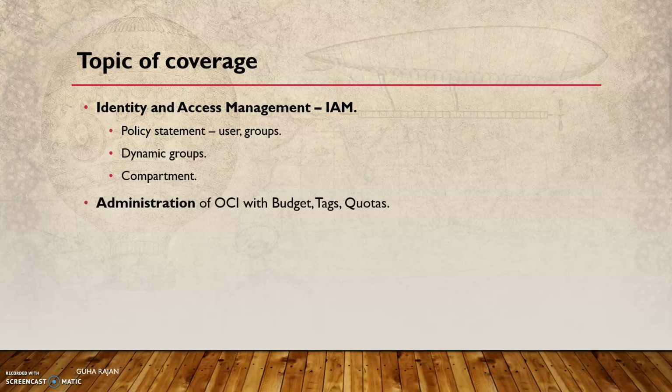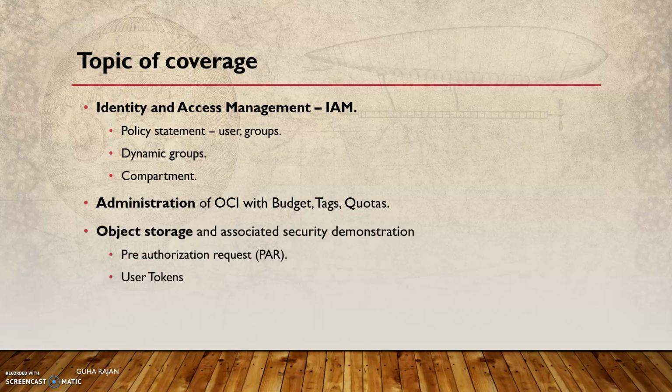And then we'll be getting into some of the administration part of OCI, that is budgets, tags and quotas. You can set a budget on the compartment so that it doesn't go beyond your budget. So how to do that: budgets, tags, quotas. And then object storage. One is the block storage and the other is the object storage, where you can store various forms of files.